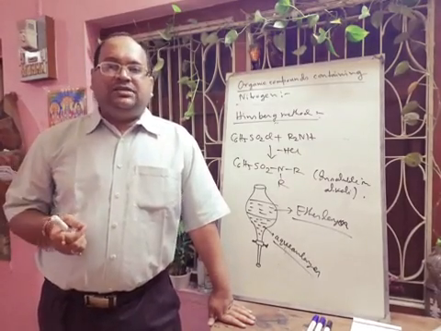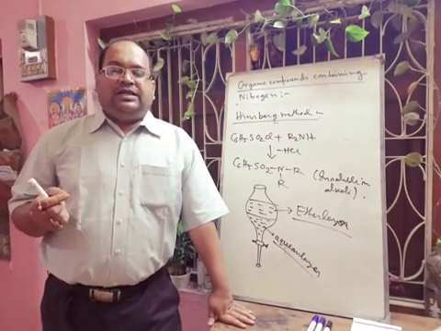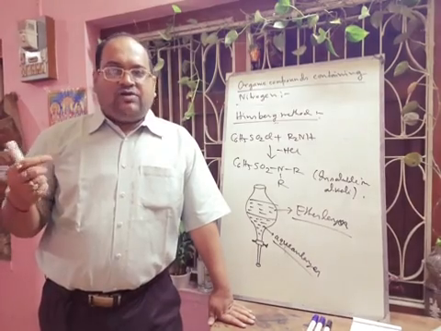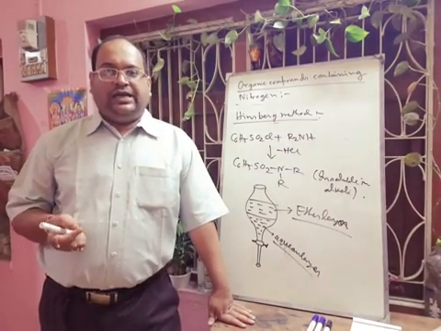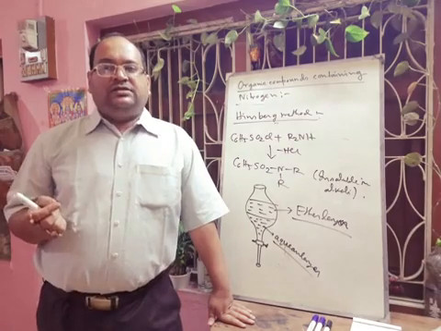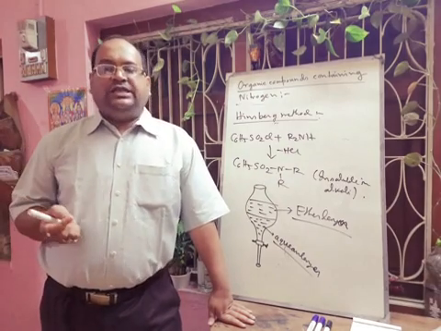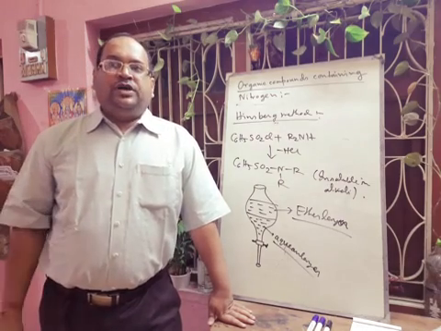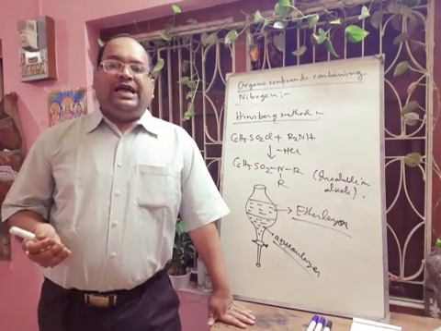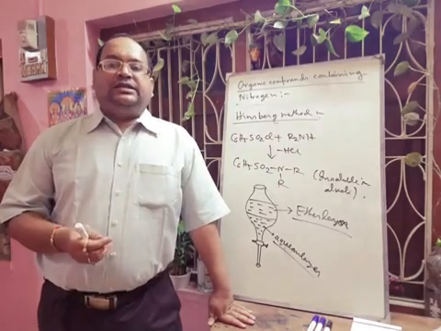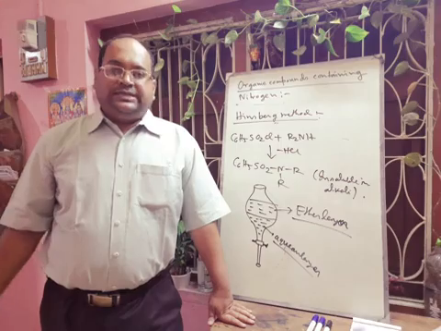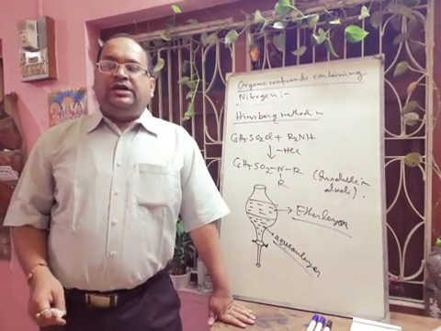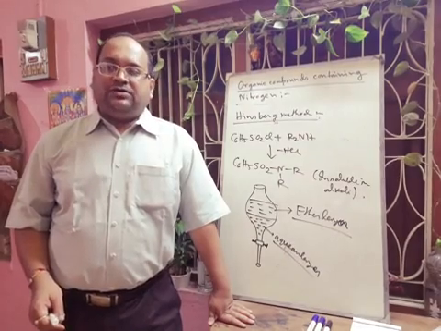Then the secondary amine hydrochloride will be formed, and on distillation with NaOH it will yield the secondary amine. In this way we can easily separate the primary, secondary and tertiary amines, and this method is known as the Hinsberg method.